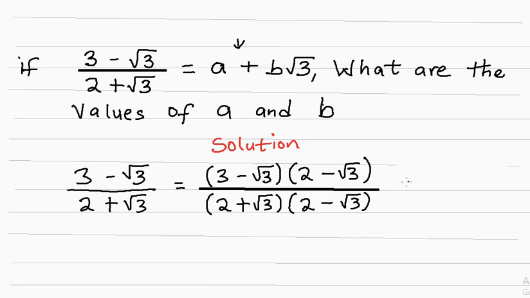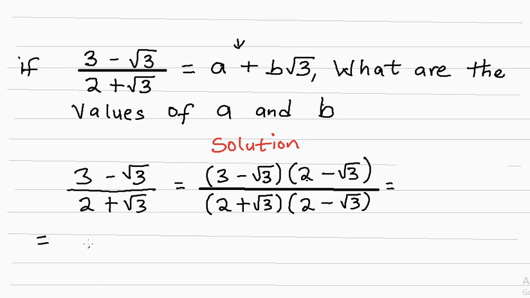All I'm going to do is expand the numerator. 3 times 2 will give me 6. 3 times root 3 is going to give me minus 3 root 3. That space there will not be enough for me, so let me bring it down here.